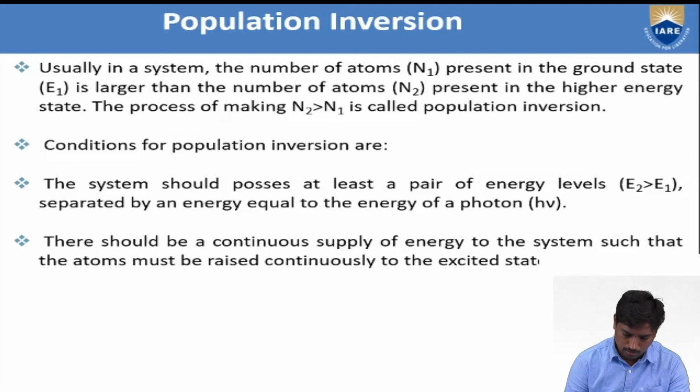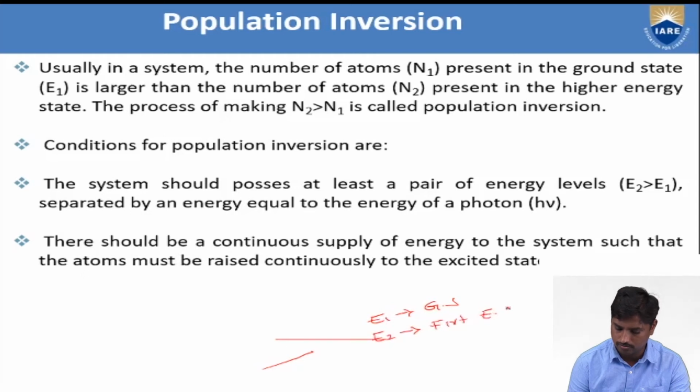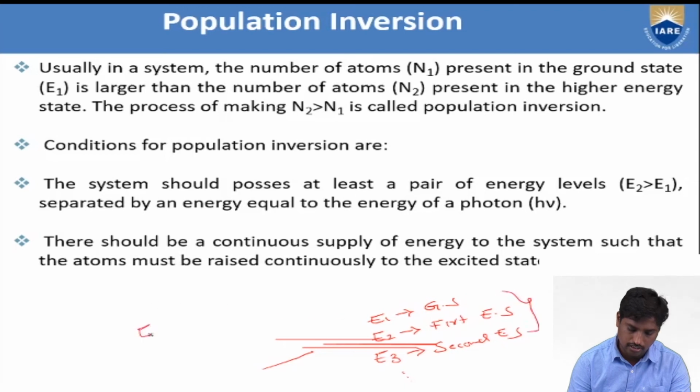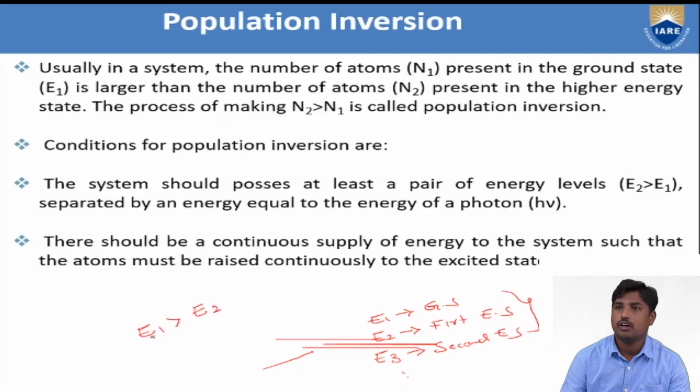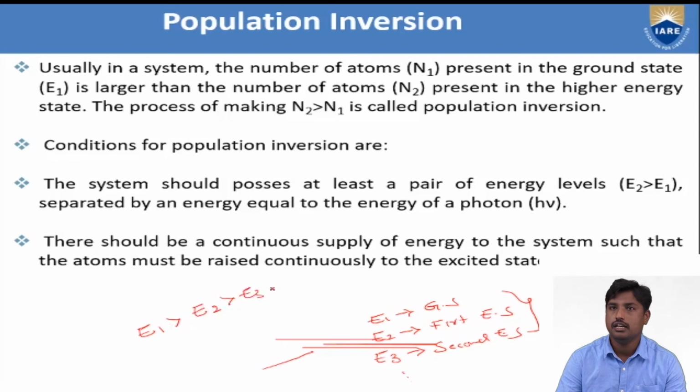Suppose E1 is the ground state, E2 is the first excited state, E3 is the second excited state, and so on. Electrons are occupied in this manner only. The number of atoms in the ground state is always greater than in E2, which is greater than in E3, and so on. These are the usual occupations of population in various energy levels.